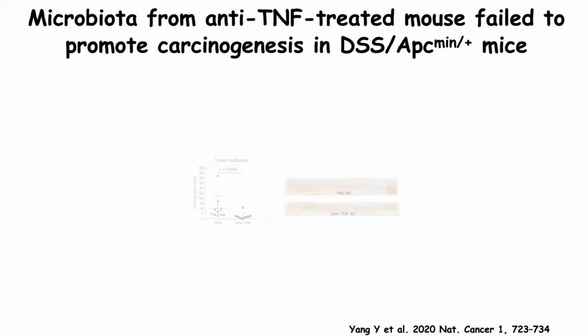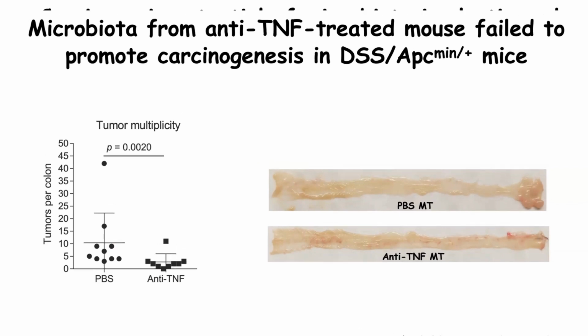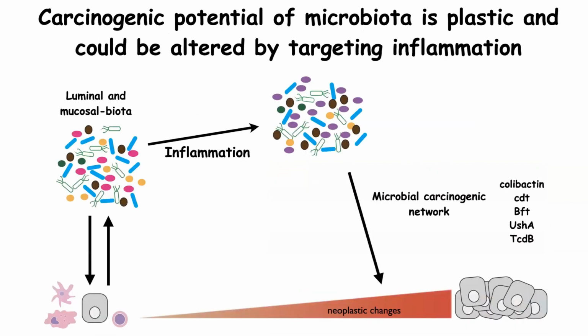And look what happened. The anti-TNF-treated microbiome put in a new mouse, that mouse developed fewer tumors than if the mouse was populated with a regular microbiome. So the memory of the treatment is transferred to a new cohort. This suggests that when you have a microbiome that is exposed to inflammation, it changes.